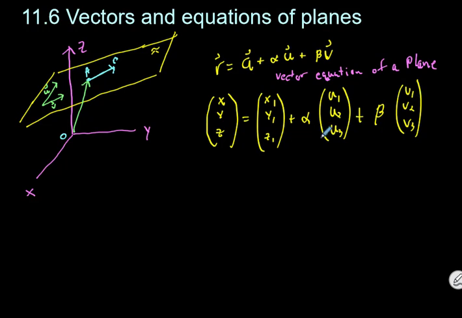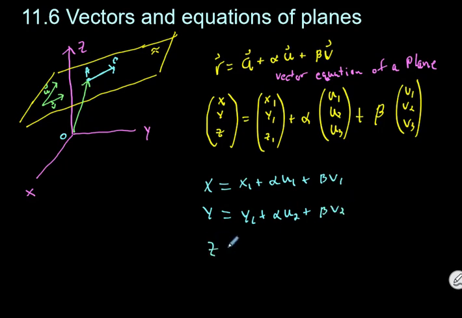Good. And then we can make the parametric equations, right? The parametric equations, just like we've done before. I know my x coordinate is going to be x1 plus alpha u1 plus beta v1, and then my y coordinate is going to be y1 plus alpha u2 plus beta v2, right?